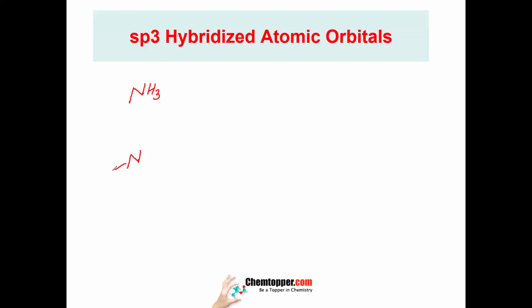N central atom, three bonds with hydrogen. Any lone pair on the nitrogen? Total valence electrons. Yes, there is one lone pair, right? Okay, so how many groups are on nitrogen?